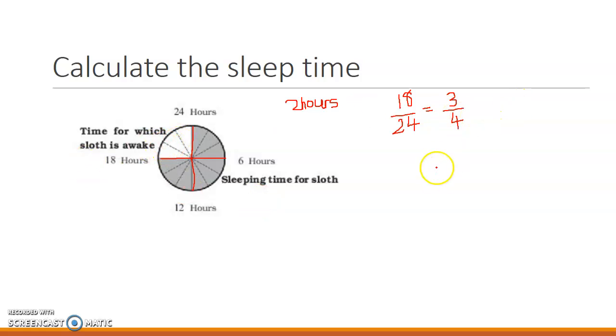So it is awake for 1/4 of a day. 1/4 of a day is 6 hours.